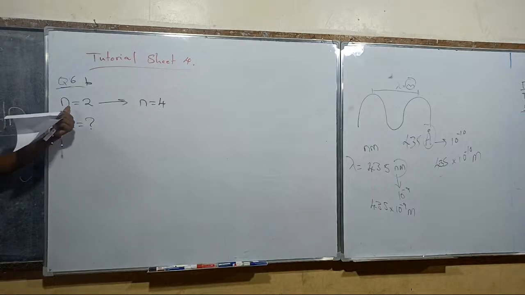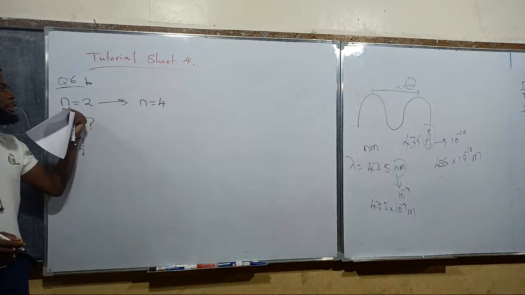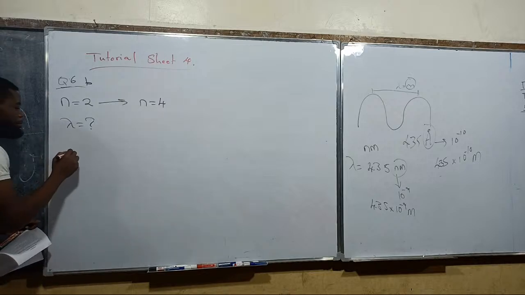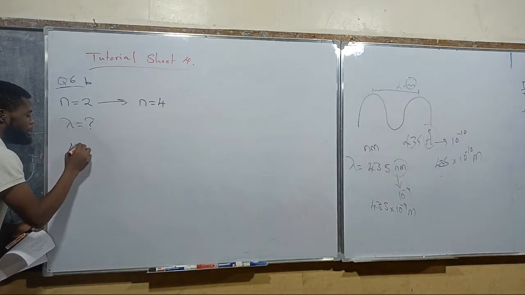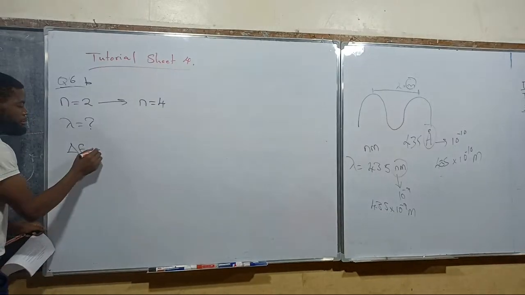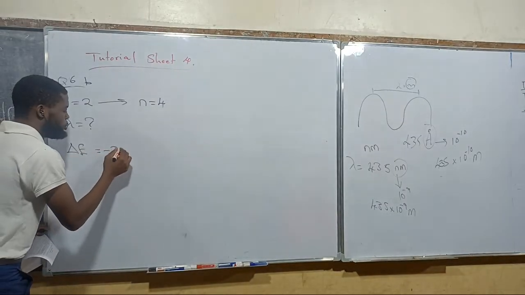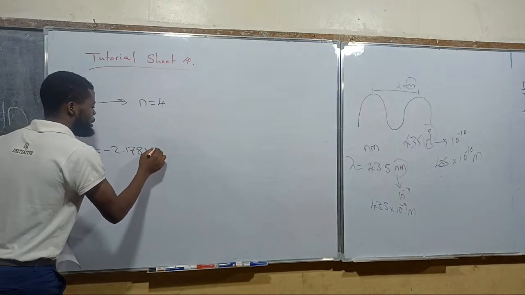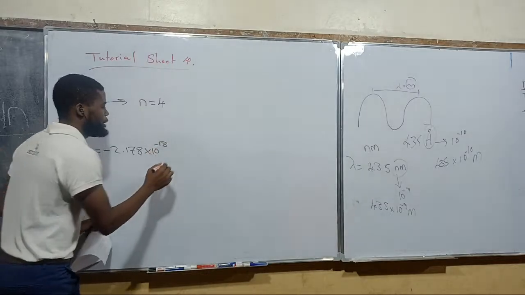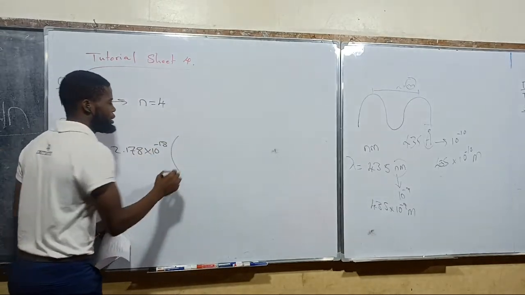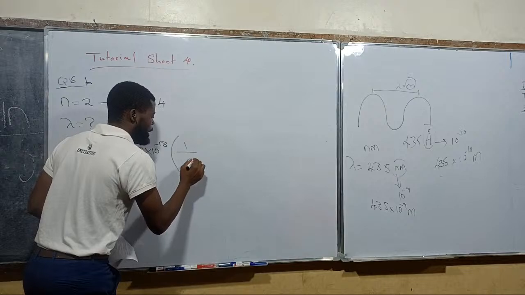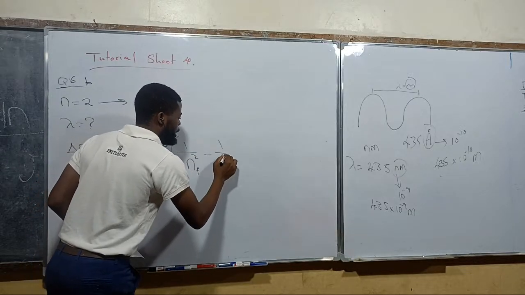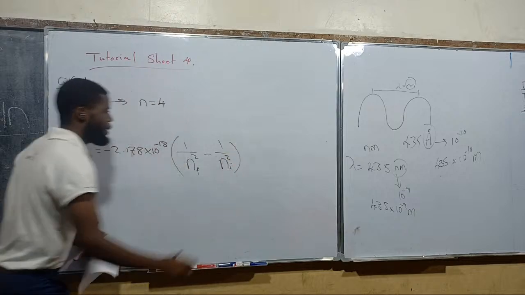Now, each and every time you see two principal quantum numbers or two energy levels, step number 1, we write the change in energy according to the Bohr model is equal to negative 2.178 times 10 to the power negative 18, open parenthesis, 1 over n squared final minus 1 over n squared initial.